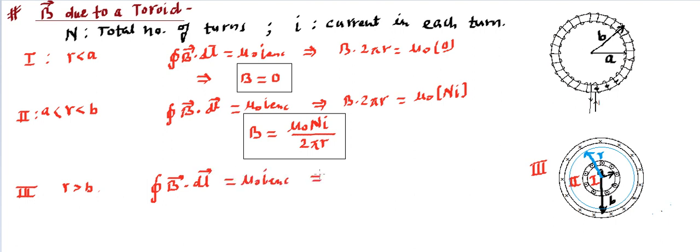Simplifying, the left hand side is B into 2 pi r, whatever the radius of the Amperian loop you choose, equal to mu naught I enclosed. Now for the I enclosed, you'll find this current is going inside and this current is coming outside, so they have opposite directions, hence they have opposite signs.